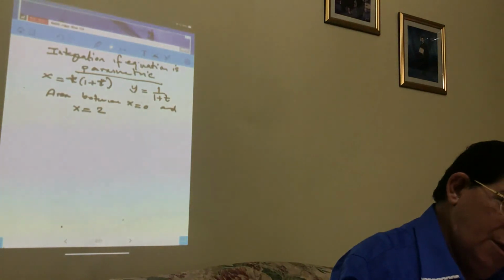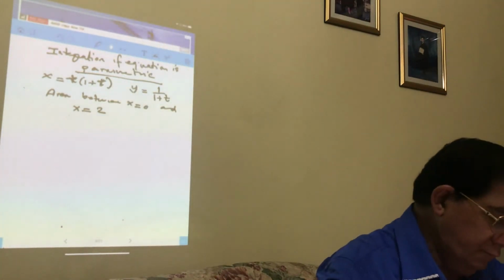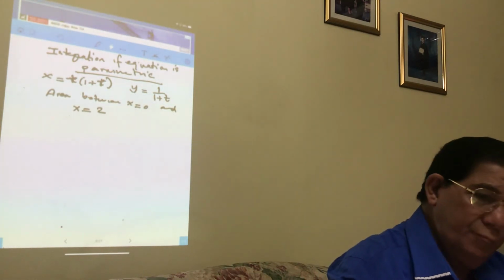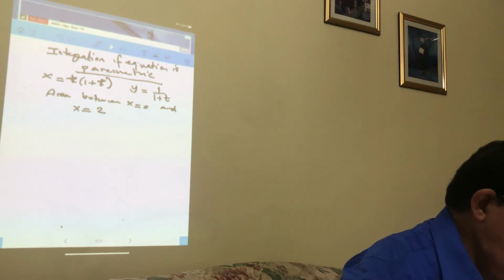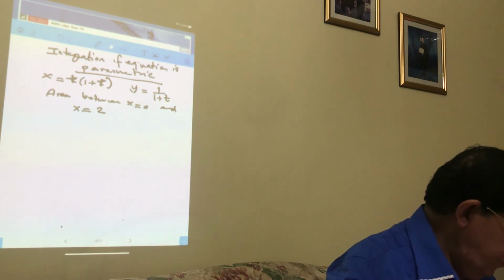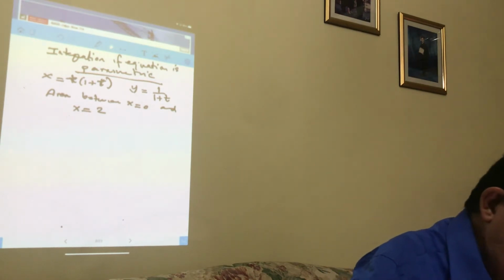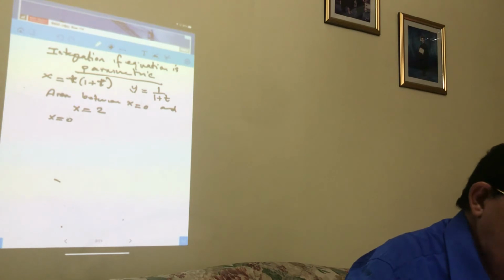Now, when x equals 0, then t times 1 plus t equals 0, therefore either t equals 0 or t equals -1.